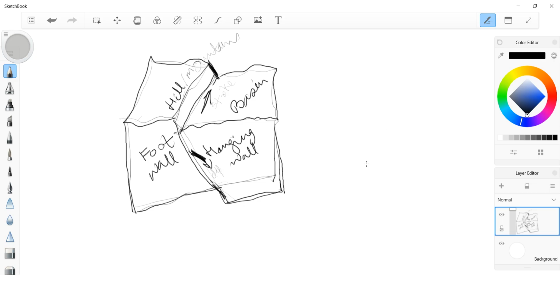Reverse fault is the opposite of normal fault. In this case you have compressional force. So right now what I am showing here is this one: you have tensile forces and the hanging wall is sliding downwards.